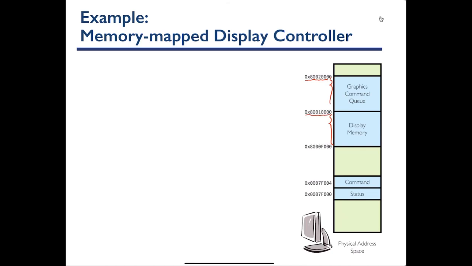So any load and store within this range would then write to these buffers on the device. These are not in physical memory. These are on the device. So if you issue load and store, you're basically reading or writing to the storage inside your device. And let's assume that there are two registers, a command register and a status register, and we have mapped them to these particular physical addresses.